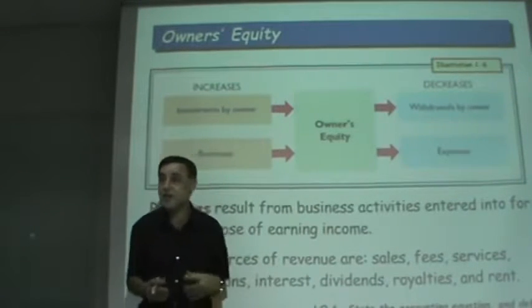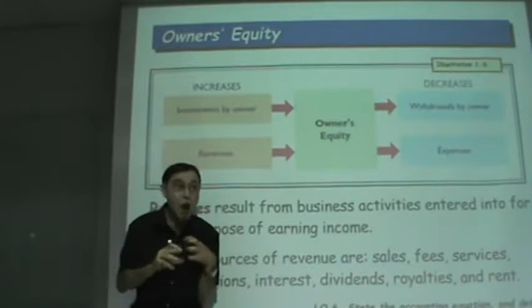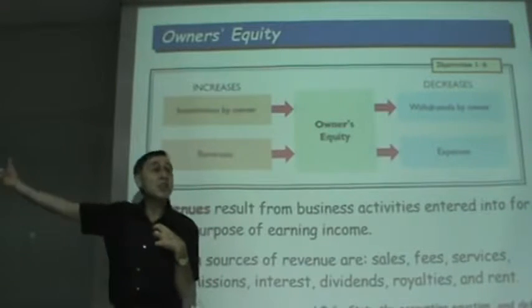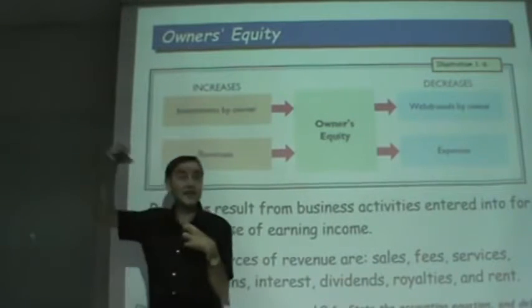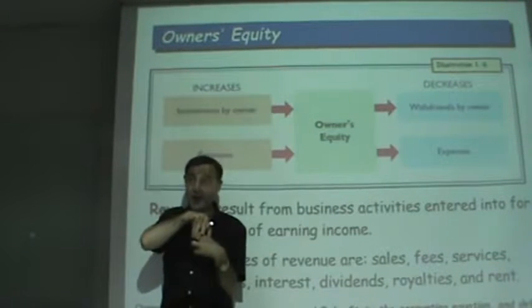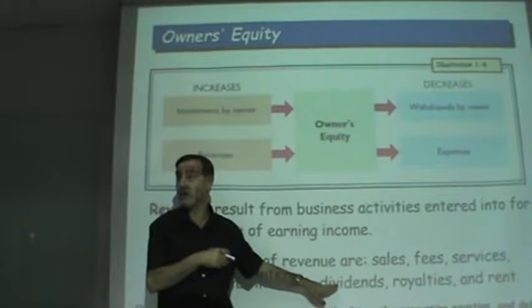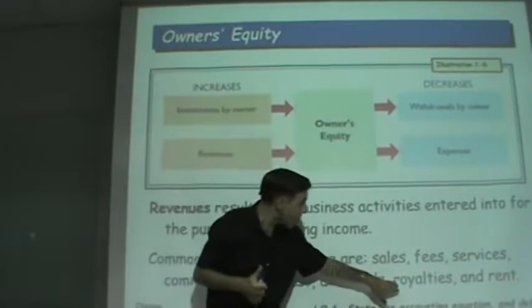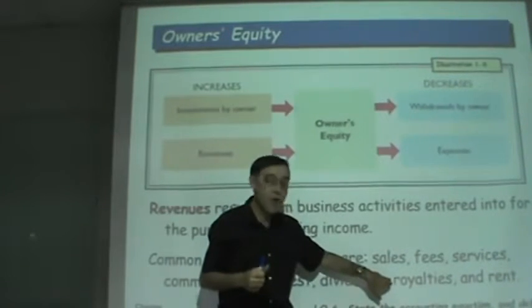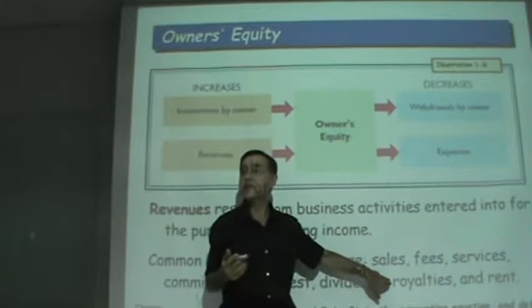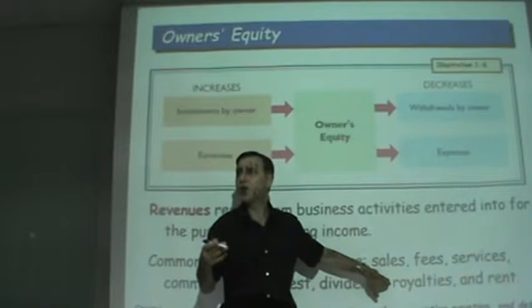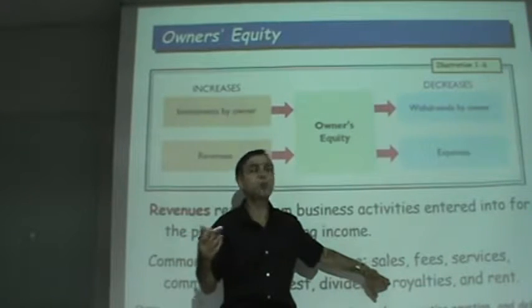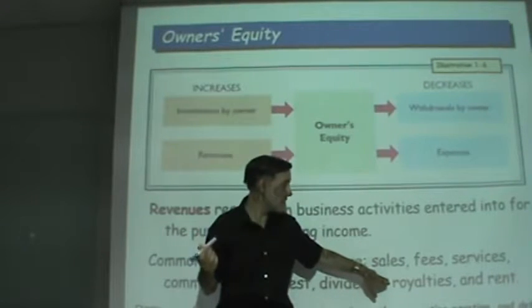This dividend is when one company owns another company, and the other company pays the dividend to the first company. That's a dividend revenue. Royalty is when a company gives somebody else the permission to use a particular trademark, a particular brand name.